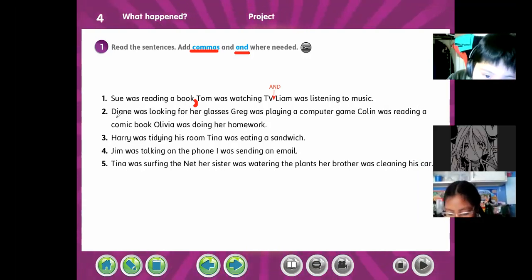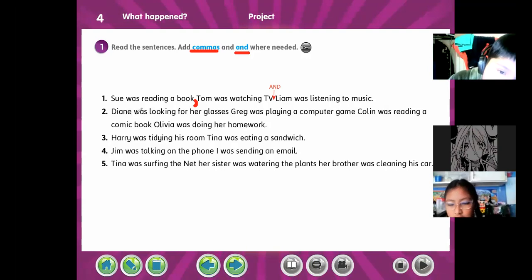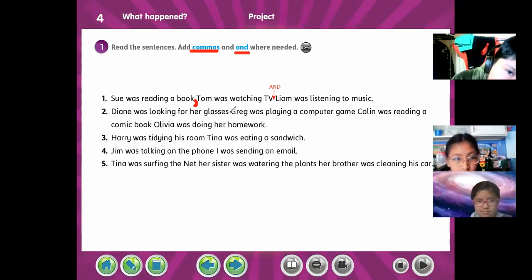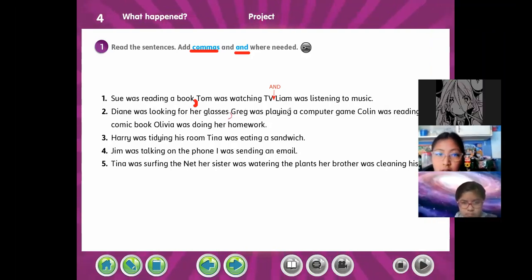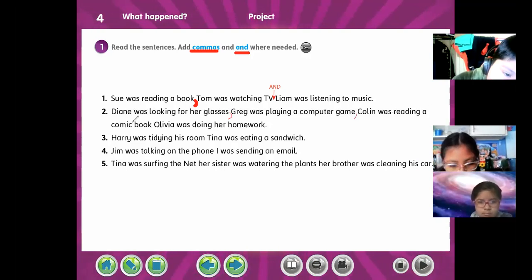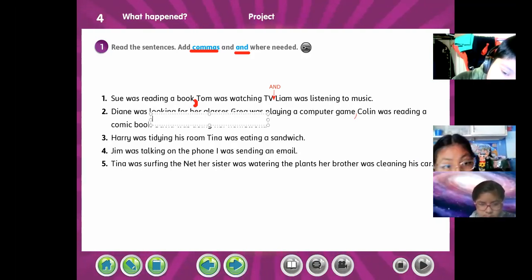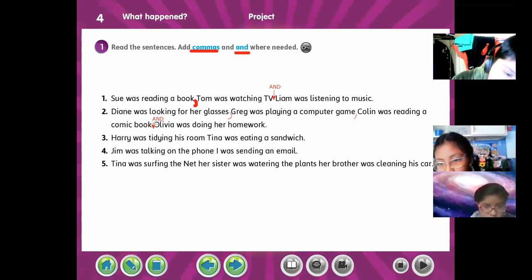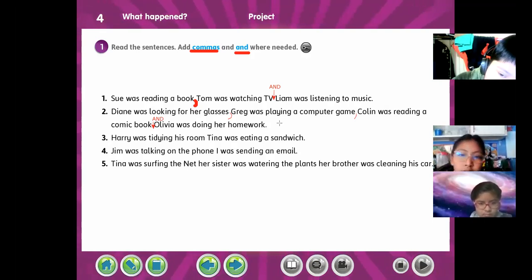Okay, Alexia, read, please. Diane was looking for her lace, Greg was playing a computer game, comma, Colin was reading a comic book, and Olivia was doing her homework.